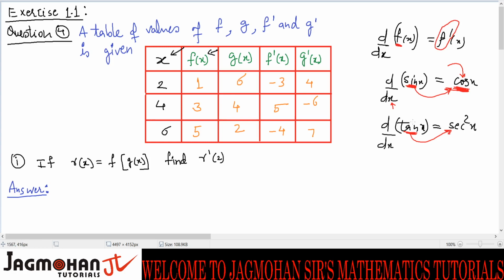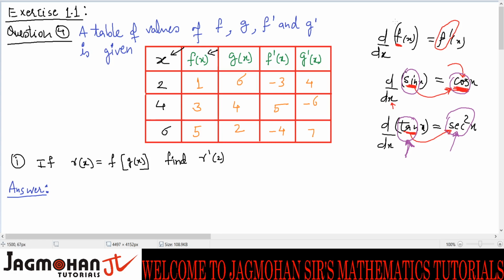You can say that the derivative of one kind of function is another function. The derivative of tan is sec square. The derivative of sine is cos.